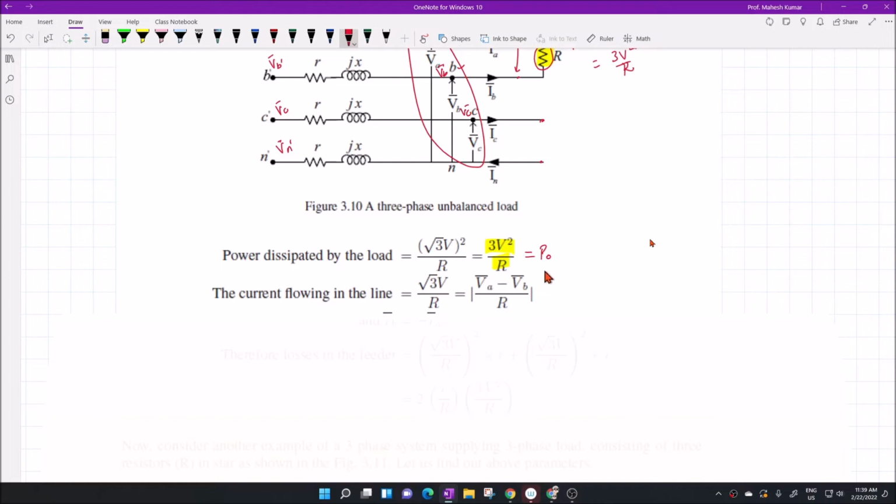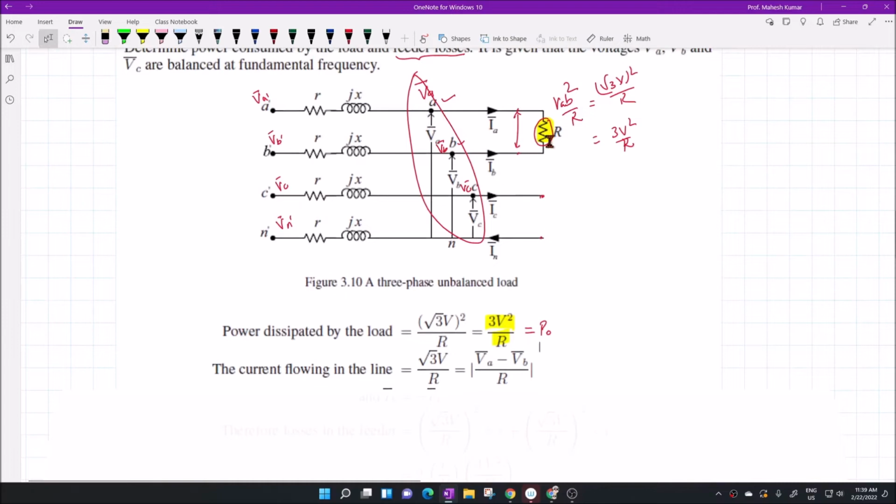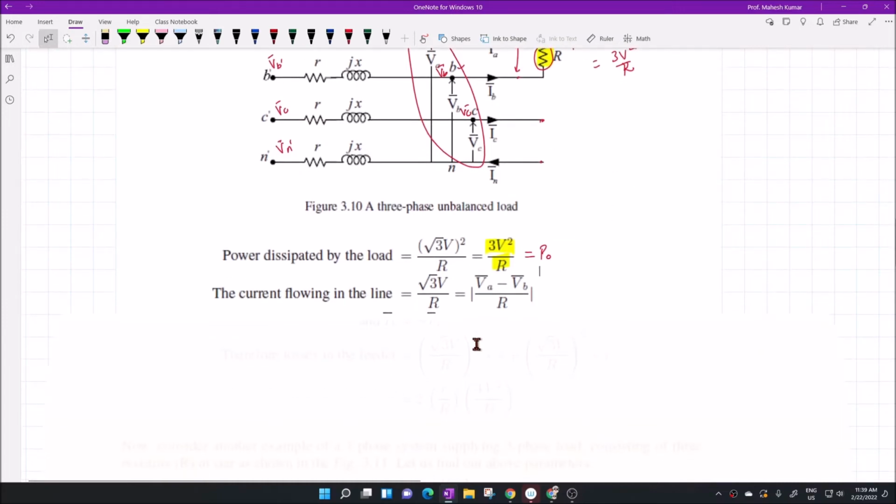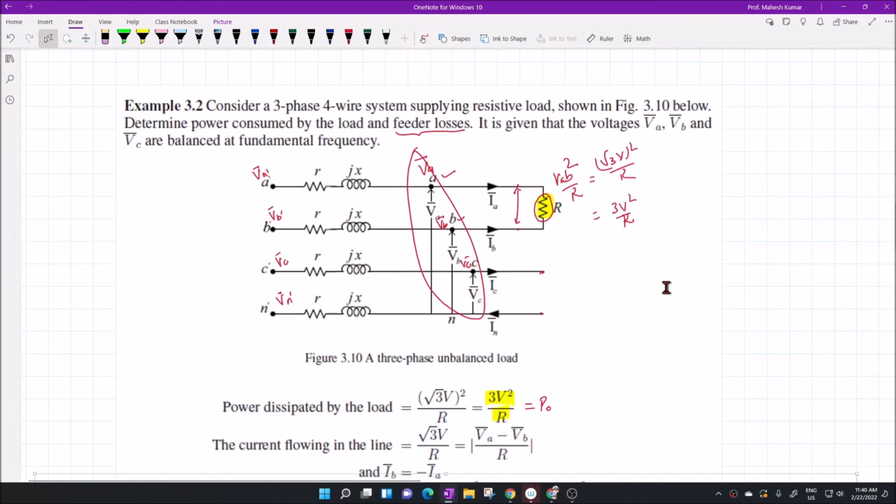Now to find out the individual phase powers and the current components of each phase as well as the power factor of each phase, we need to find out the currents first. What is the current flowing in this circuit? The current IA is nothing but (VA minus VB) by R, because this is the current IA. So this voltage is divided by resistance.